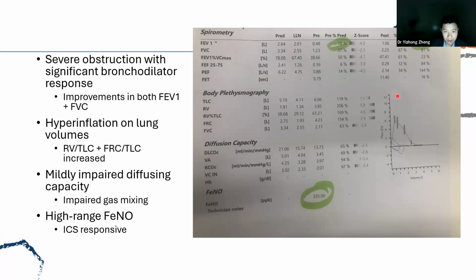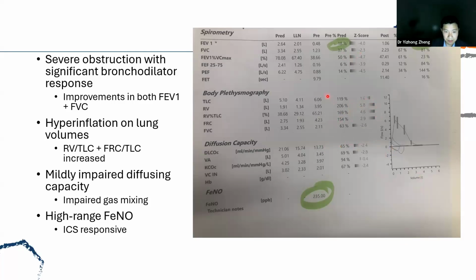And then looking at the lung volumes, again, normal TLC. So their reduced FVC is not due to a restrictive process. You have increased RV and increased RV to TLC, leading to a decrease in their FVC. Their diffusing capacity, the DLCO, is reduced.